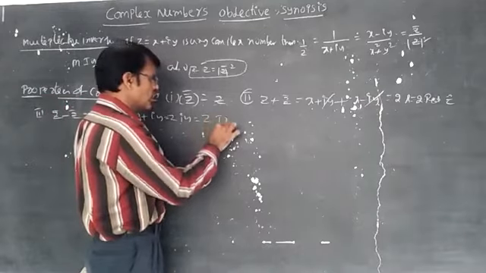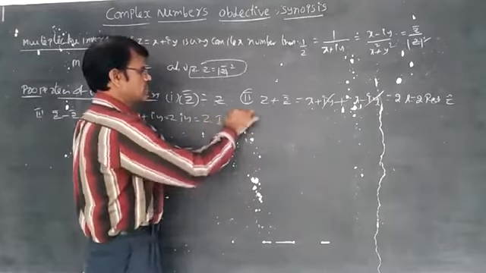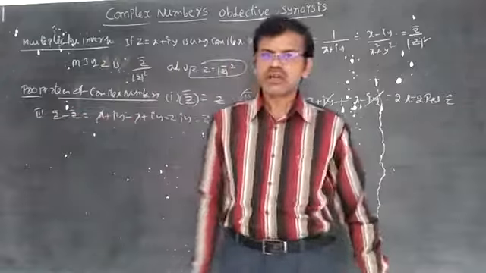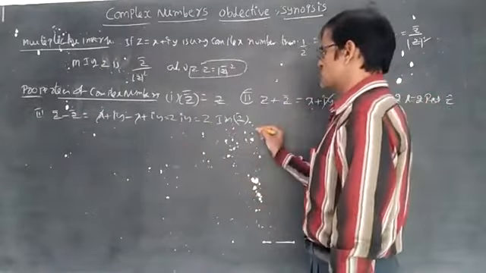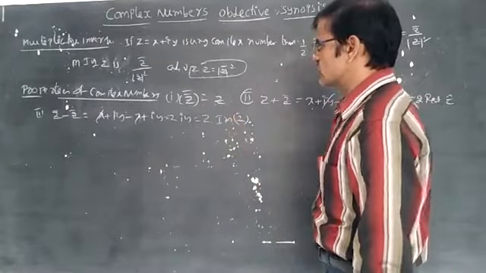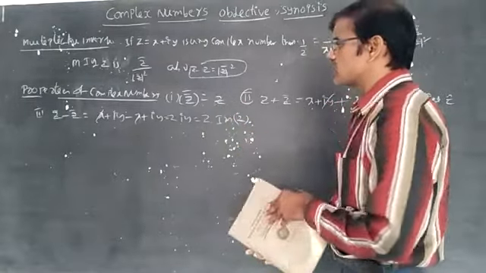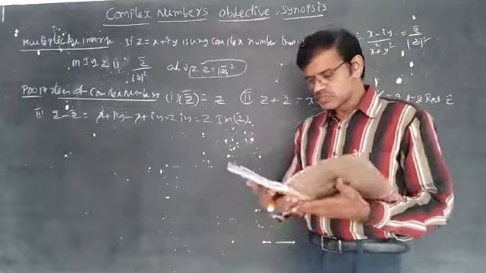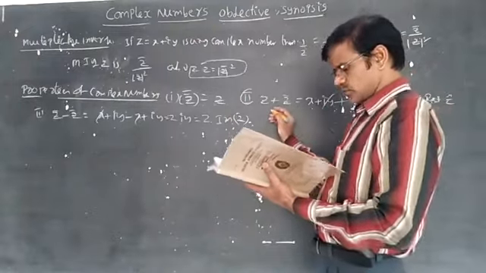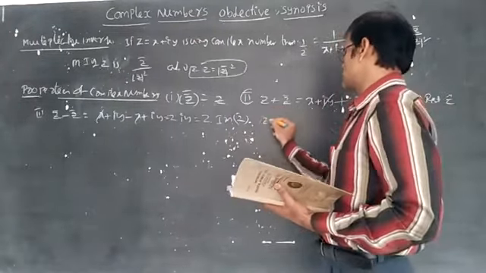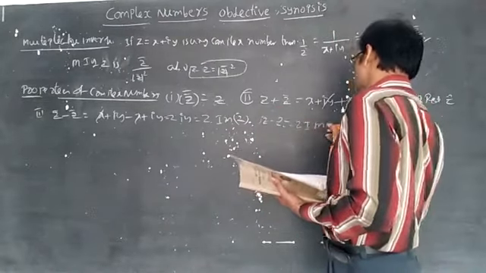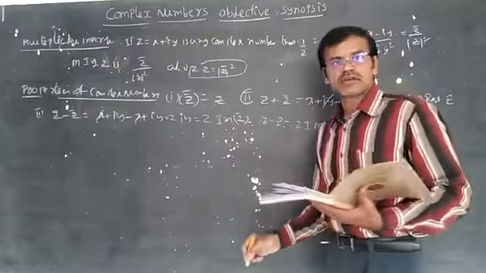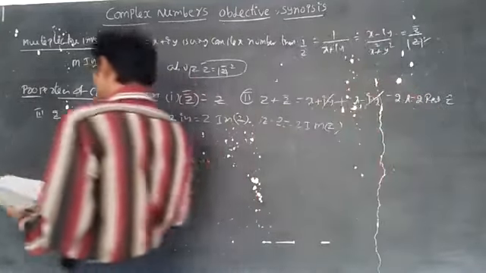This is 2 imaginary z, because the imaginary part of z is y. Next, if you take z bar minus z, it is minus 2 imaginary z. You write here z bar minus z is equal to minus 2 im z. Im means the imaginary part of z.